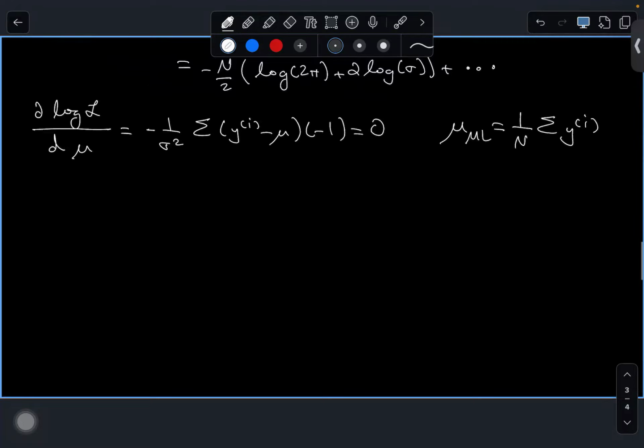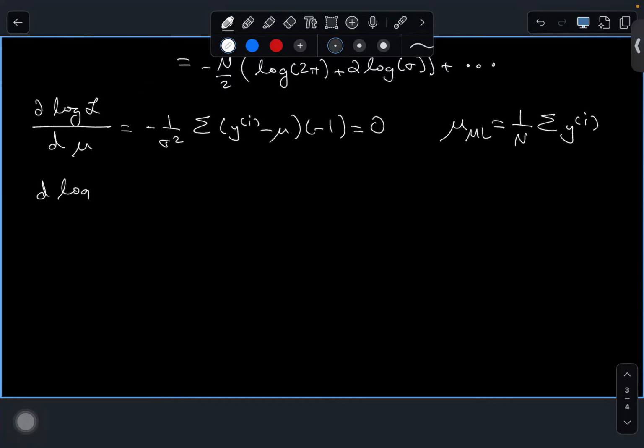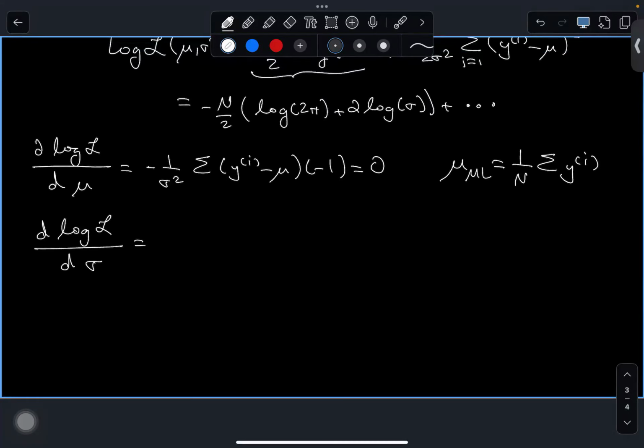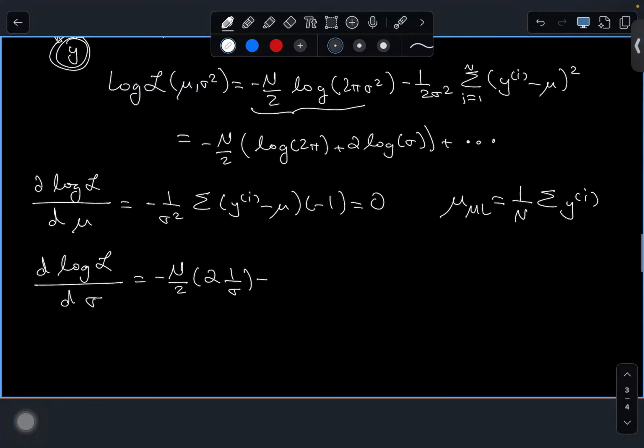All right, let's find the variance. Let's find the derivative of the log with respect to sigma. Sigma is the standard deviation. See, what do we get? The first term, I have minus n over 2 times 2 times log of sigma. That's 1 over sigma, its derivative, minus, then I have that sum that has 1 over 2 sigma squared in it. So I get 1 over sigma cubed times the sum of (yi minus mu) squared.